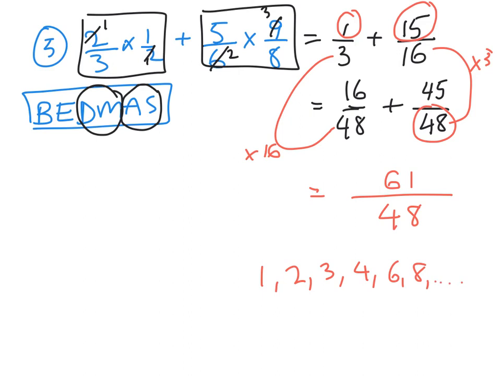But we can just check, is 2 a factor of 61? No. Is 3 a factor of 61? No, it's not, because 60 is a multiple of 3. 61's only 1 bigger, so it can't be. 4 can't be a factor, neither can 6, neither can 8, and we could keep on going. But this is the simplest form for that one.